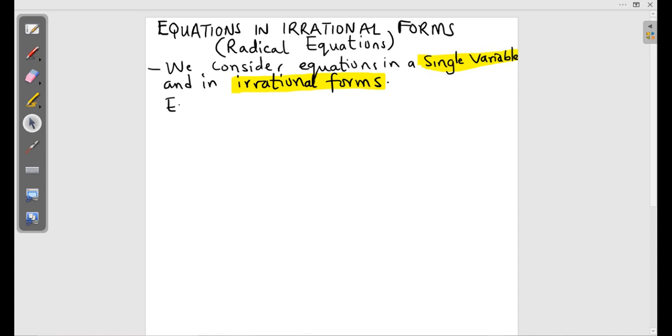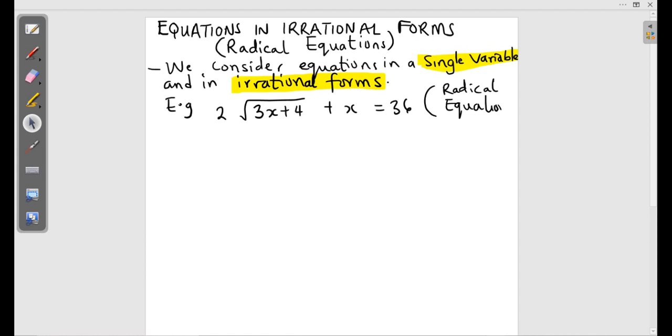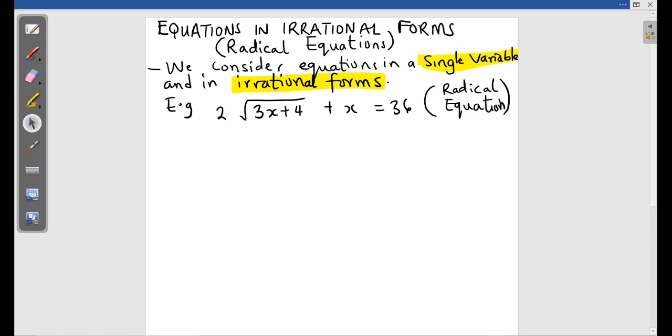For example, if I have 2 roots 3x plus 4 plus x is equal to 36, this is an example of a radical equation.